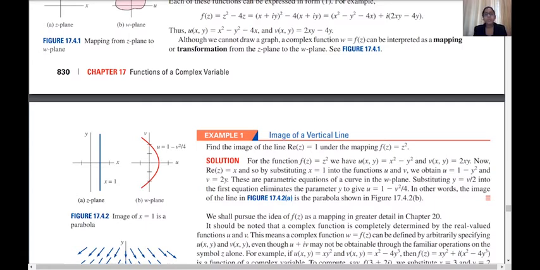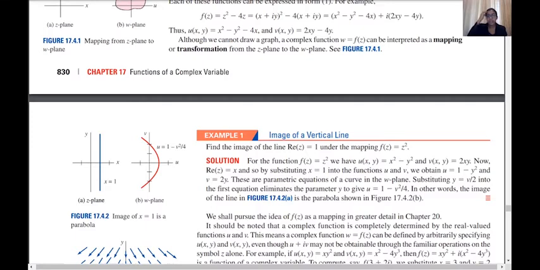So if f of z is equal to z square, we can simplify it, substitute z is equal to x plus iy. So we get x plus iy whole square. That will be nothing but x square minus y square plus 2xy i. So here u of x,y will be x square minus y square, and v of x,y will be 2xy, because i will come there.